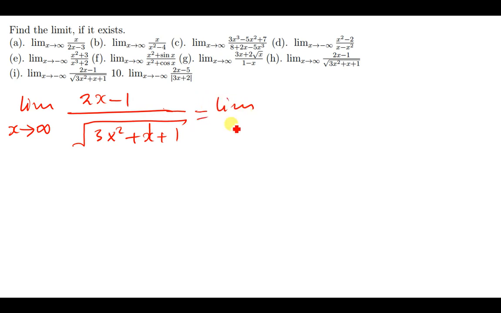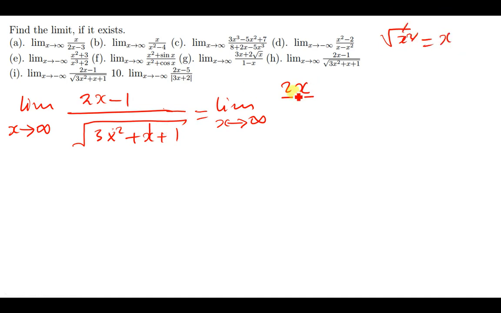The limit as x approaches positive infinity, so we divide everything by the square root of x squared, which is just the same as x. So when you say 2x divided by the square root, I'm saying the square root of x squared because we're trying to remove x squared from this square root. So this is just the same as x.